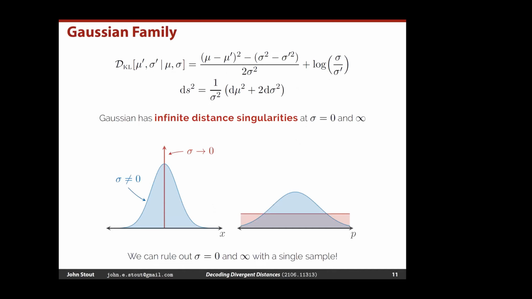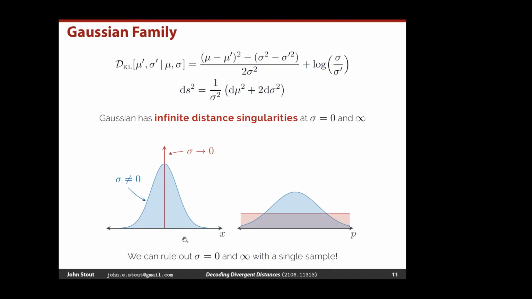We can understand the appearance of this metric singularity as a reflection of the fact that if I take the variance to 0, I could easily distinguish that distribution using any measurement. I just sample and see if there's any sample that is not at x equals 0, right?